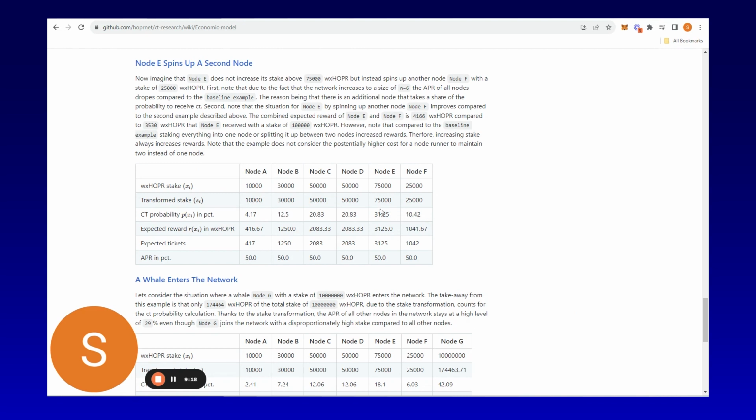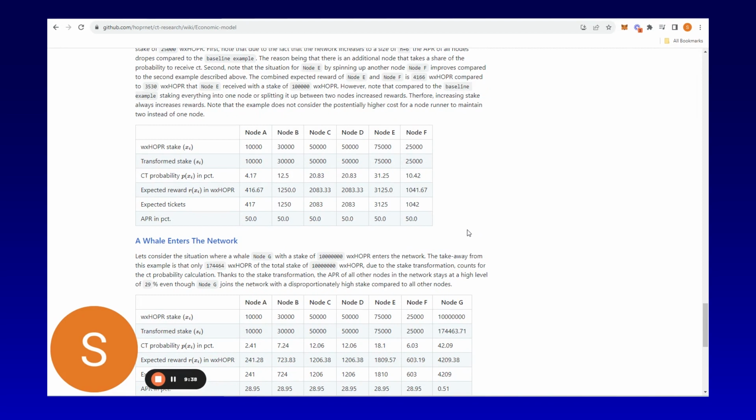You multiply that by the budget of 100,000, and he's earning about 4,100 a month, which gives him a much better APR. But the APR of everyone on the network has gone down just because the transform stake's higher and everyone else is earning a little bit less, while the budget remains the same. It's split a little more.